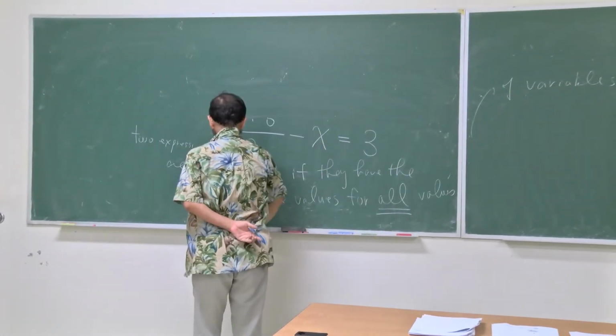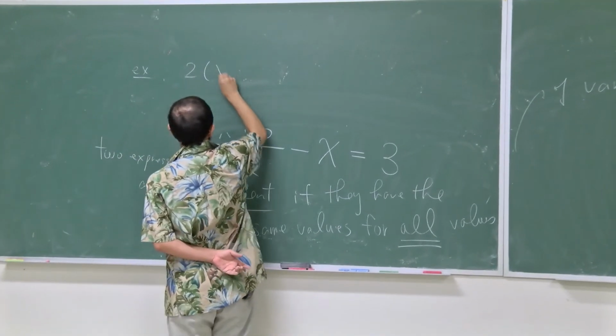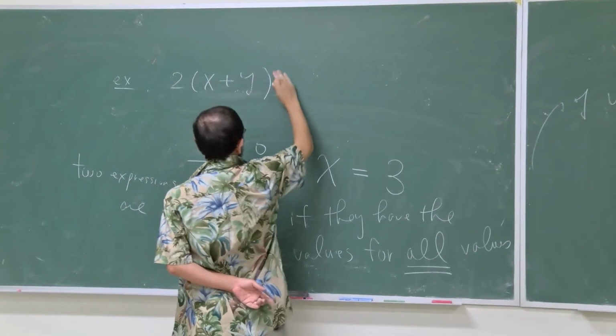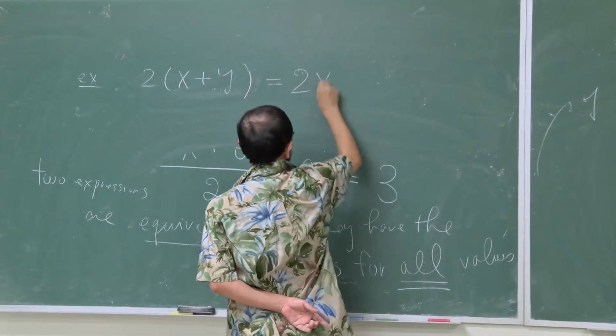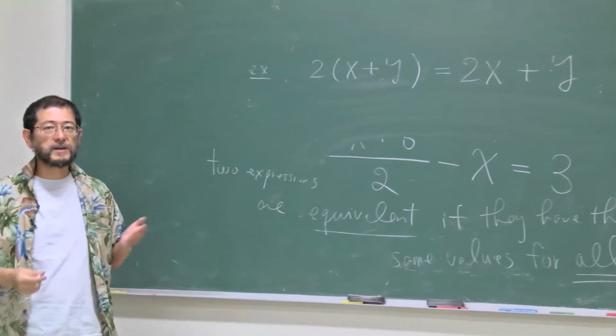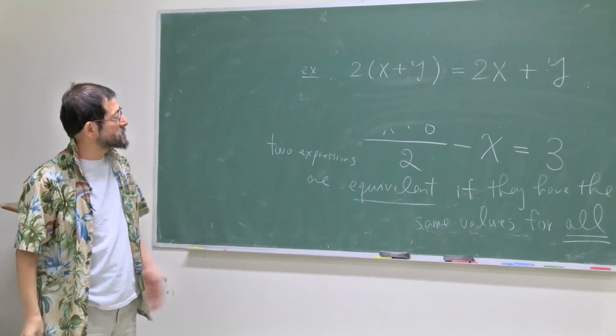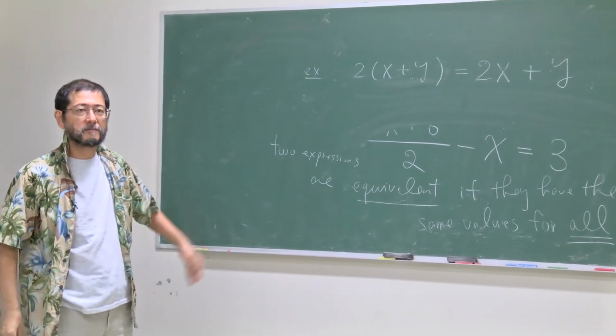However, look at this example. Okay? Actually, this example is a typical mistake students always make. They sometimes misunderstand that this is also an identity. Okay?